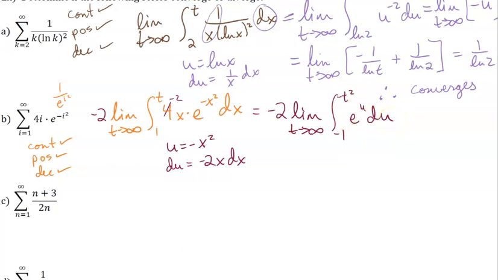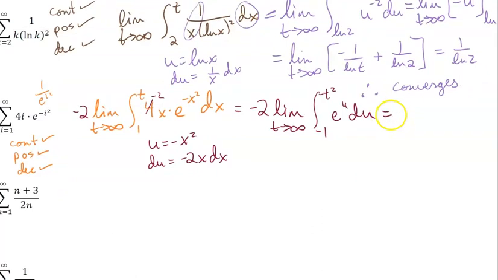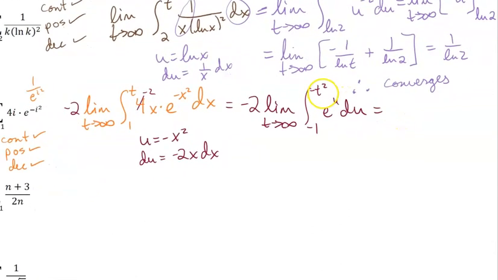Okay, and then that we can evaluate. So we have negative 2 times the limit at infinity of, and then the antiderivative of e to the u du is just e to the u. We're evaluating from negative 1 to negative t squared.